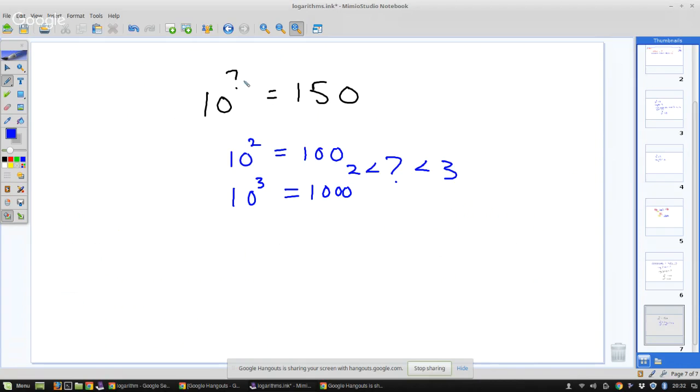So we don't have any good means of guessing besides guess and check, but I can rewrite this as a logarithmic statement. The log has to be equal to the power, my missing number. The base has to be 10, and the result of the exponent has to be the object of the log. So that means I want log base 10 of 150. Now I can plug it into a calculator. All right, calculator time.